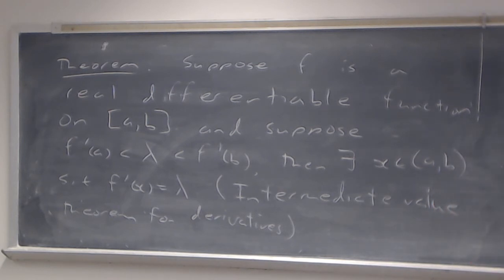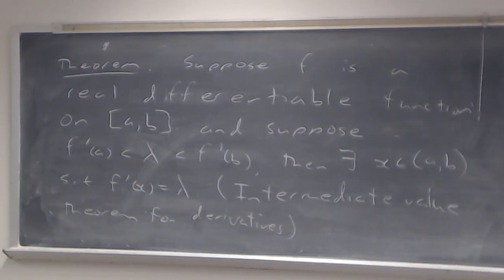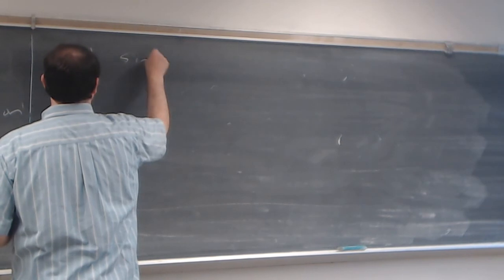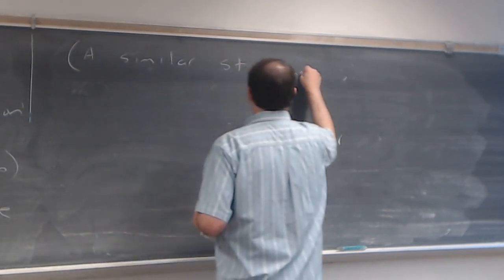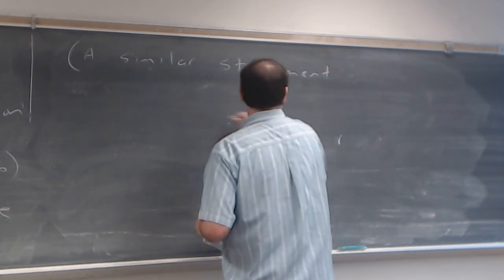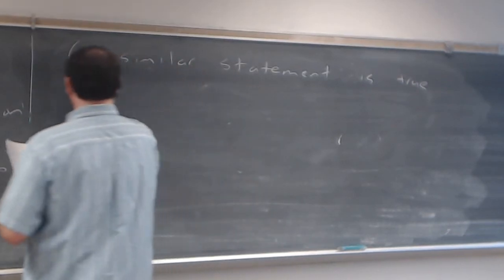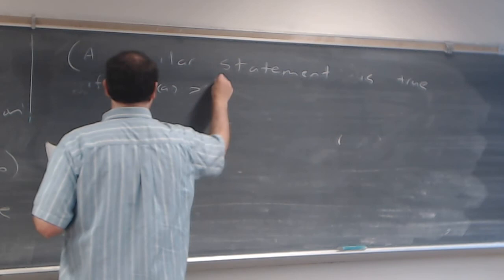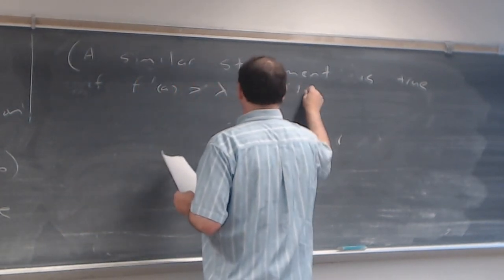Now, before I go to prove it, let me just say that a similar statement is true if we have f prime of a bigger than any particular number, which is bigger than f prime of b.